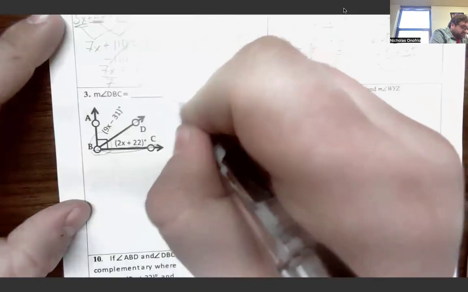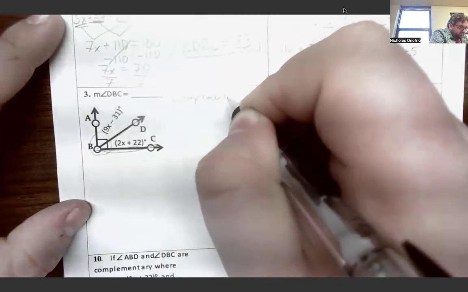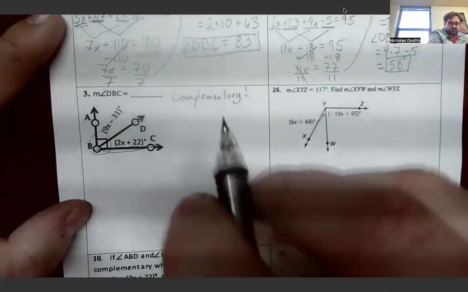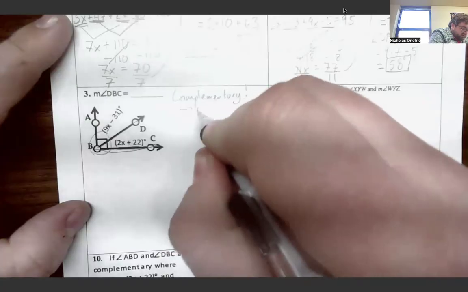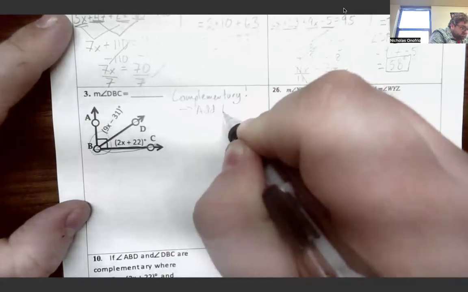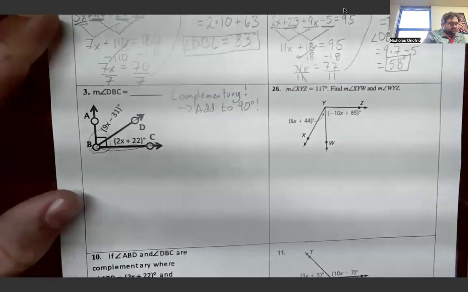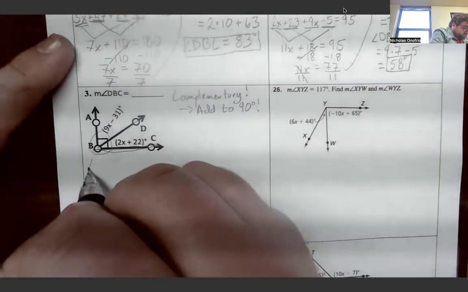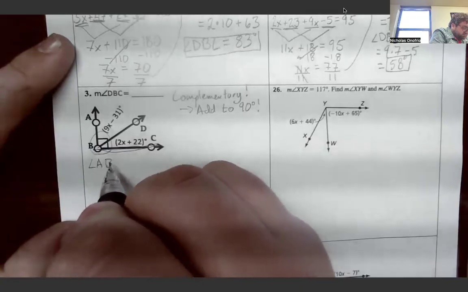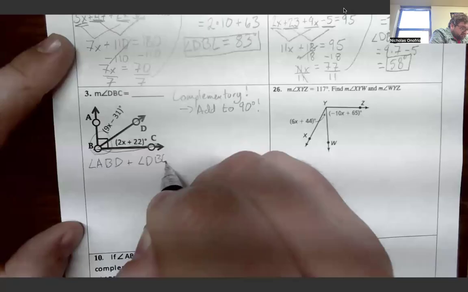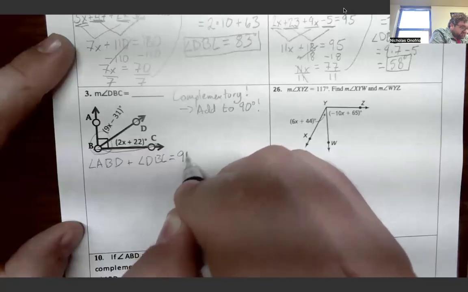Anyone who said complementary is correct. And what we know about complementary angles is that they have a special property. They add to 90. So let's set up that equation. ABD plus angle DBC equals 90.